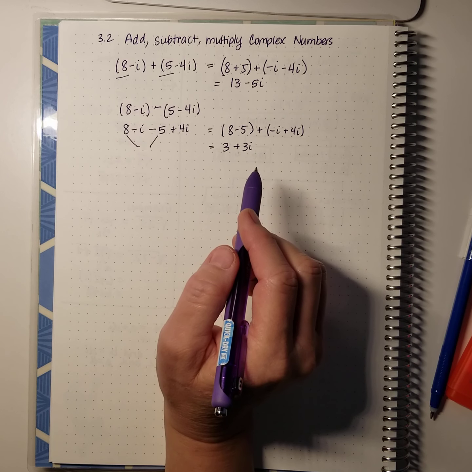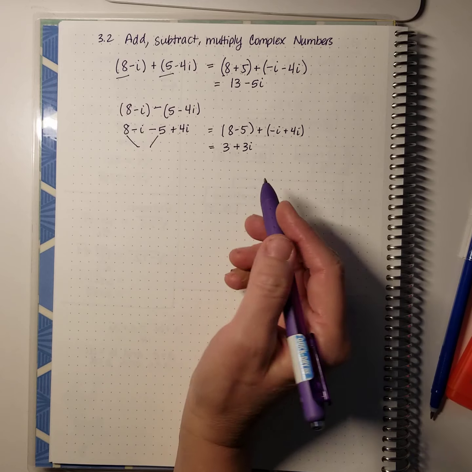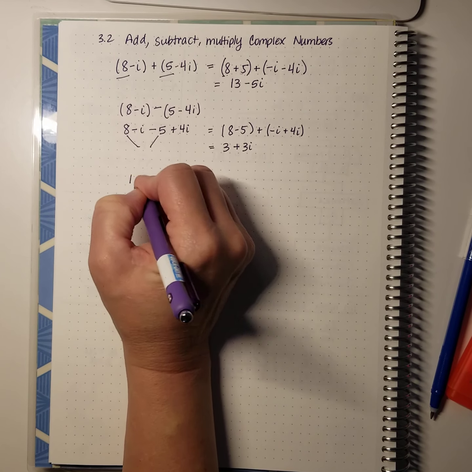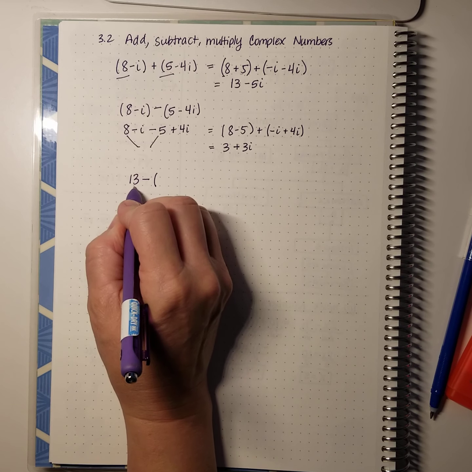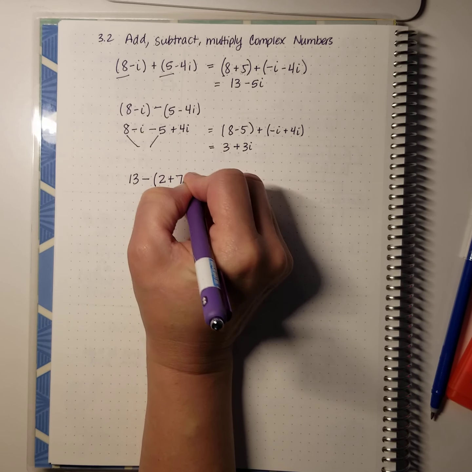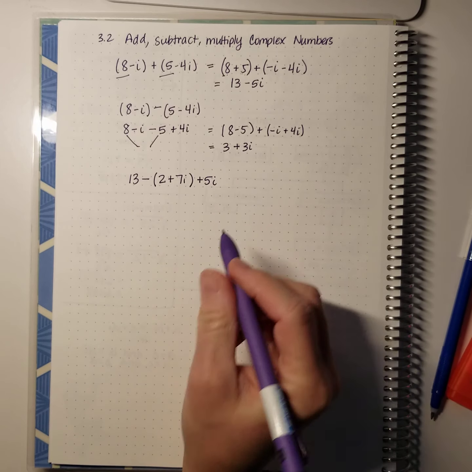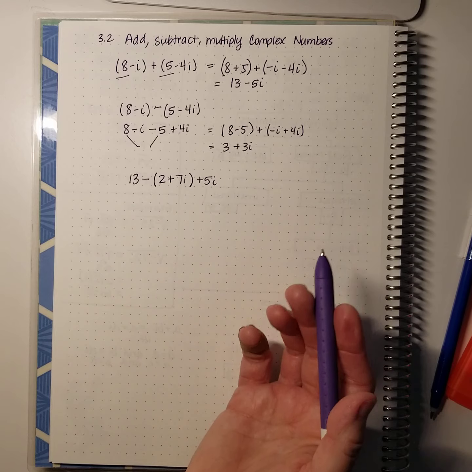If you wanted to do another one that they have in the book, they have this one that looks a little different. They have 13, a real number by itself. They're going to subtract a complex number, and then they're going to add an imaginary part. Now, if you were to rearrange this, you might say, isn't this a real and imaginary, isn't that a complex number?